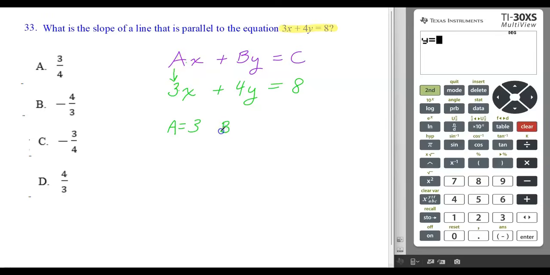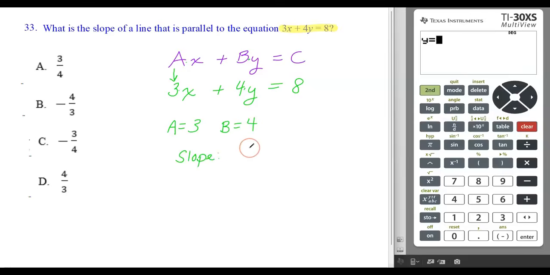What do you think my b value is? Well, the b value is whatever the y is multiplied by, and the y is multiplied by plus 4 from right here. So the b value is 4. We don't need to worry about the c value here. Now, if there were a minus sign here, then the b value would be minus 4, but it's a plus sign. Now I simply need to find the slope.